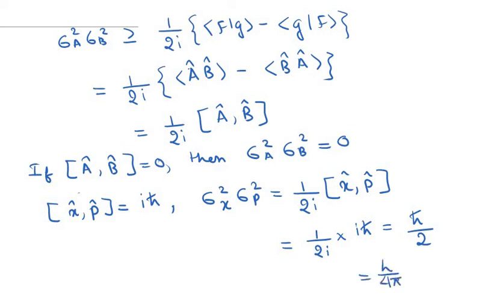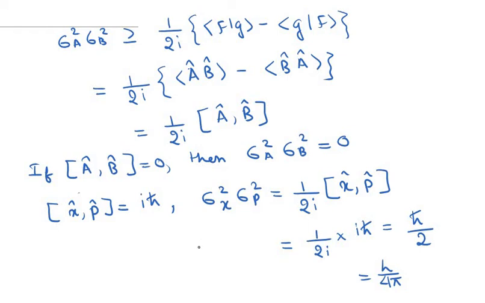This is what you had actually learned in high school, that the product of the uncertainty in position and momentum is h by 4 pi or h cut by 2. So this is how you define the uncertainty in quantum mechanics. It is basically the standard deviation of the operator.